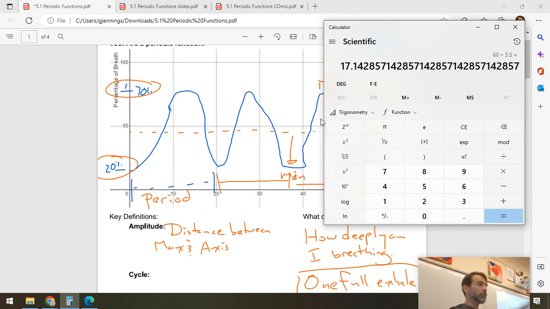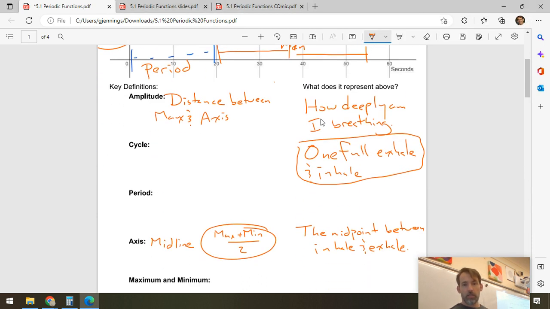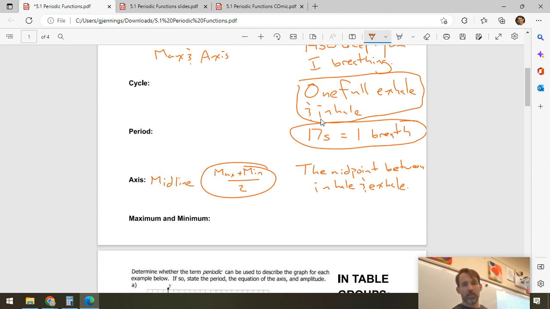You find the period of your breathing using your function that you created. So for me, it's about 17 seconds equals 1 breath. That's 1 period of my breathing. And then the maximum and minimum, what do they mean in here? Full inhale and full exhale.